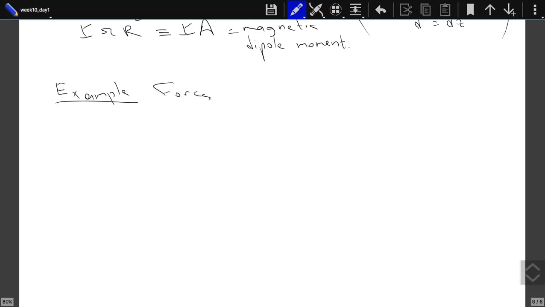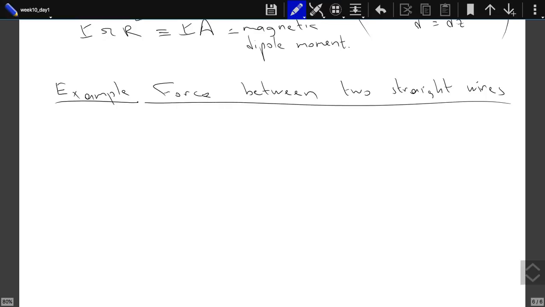Let's look at the force between two straight wires. So let's say this one carries a current I1, the other one carries a current I2.